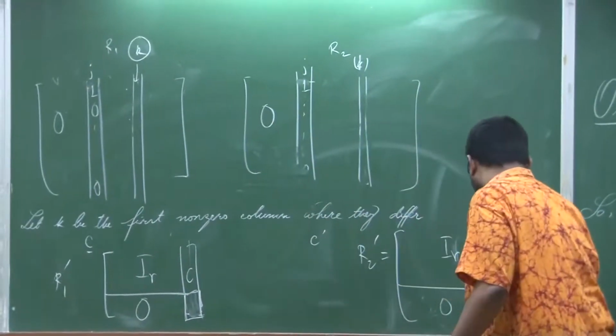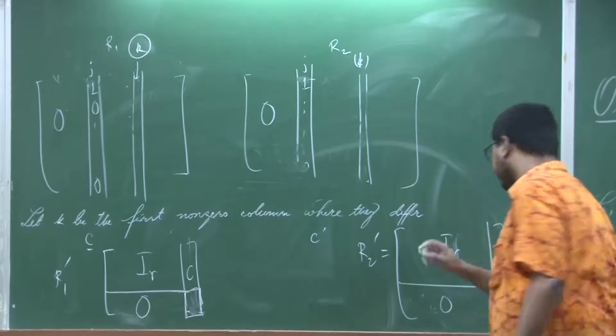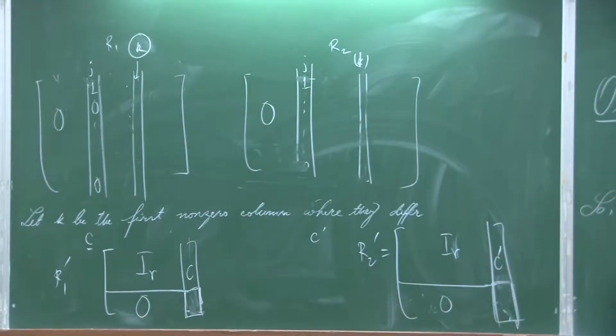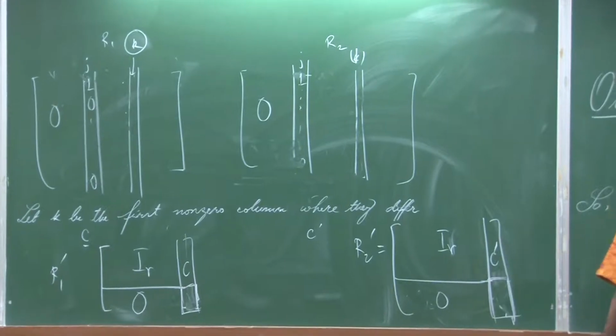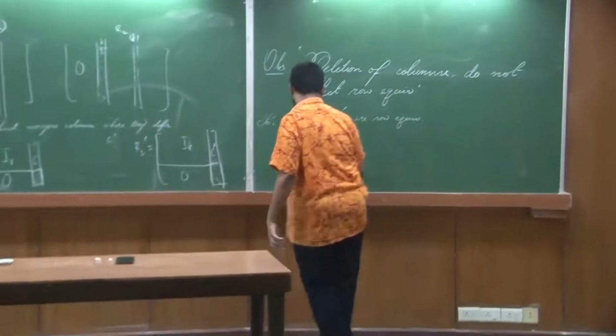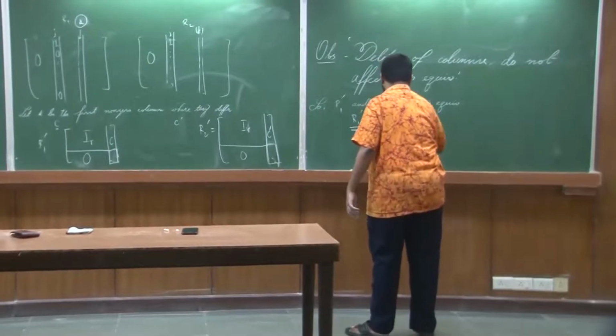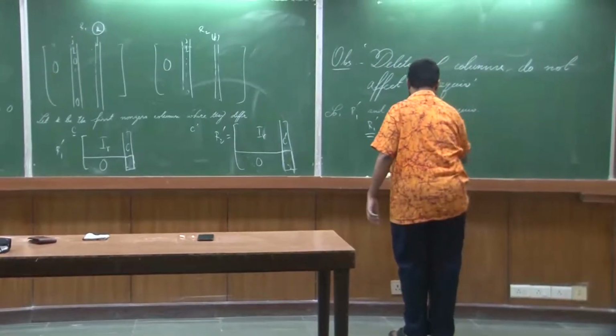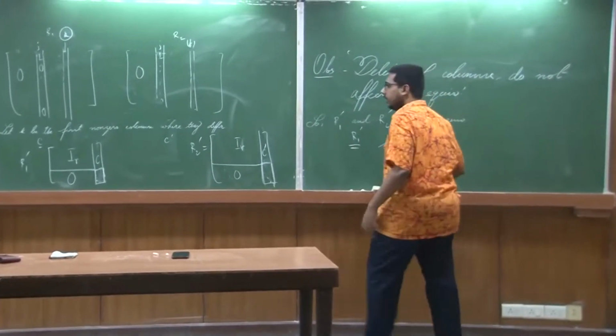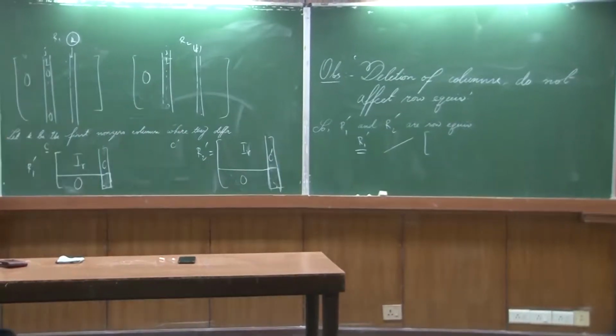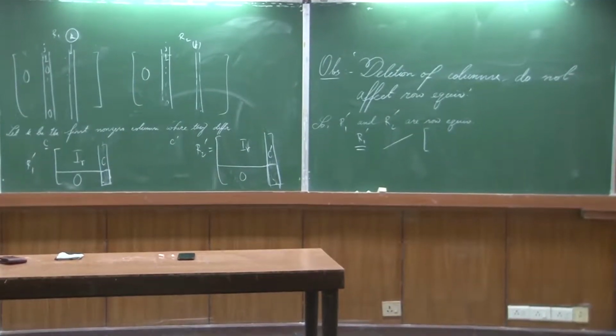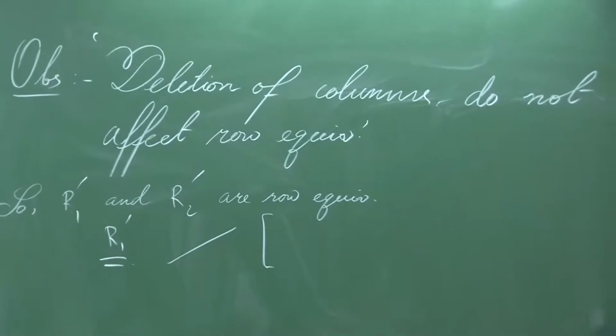Remember, both these are coming from row echelon matrices. Let us see. So, for R1 dash, we have two choices. Choice 1 is having a matrix of this form. Let me rather do it here. So, for R1 dash, there are two choices.